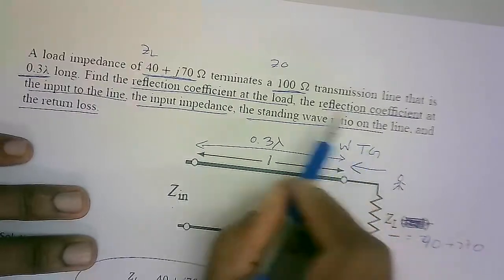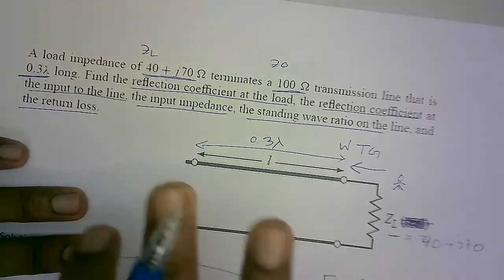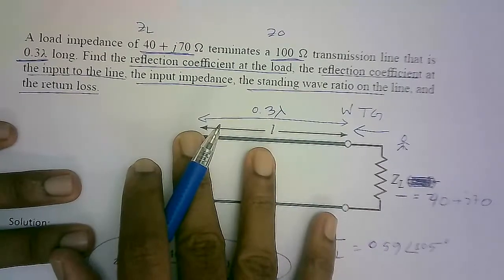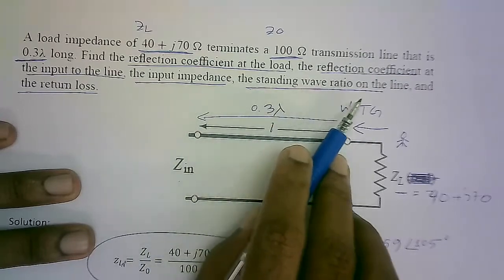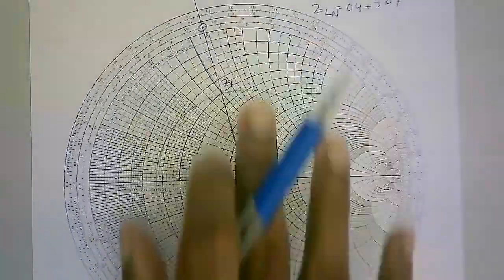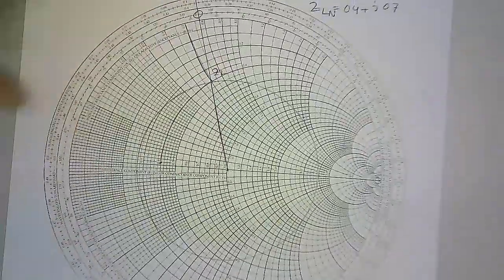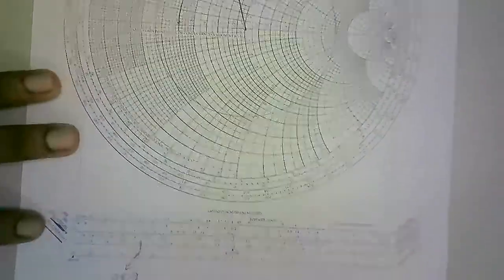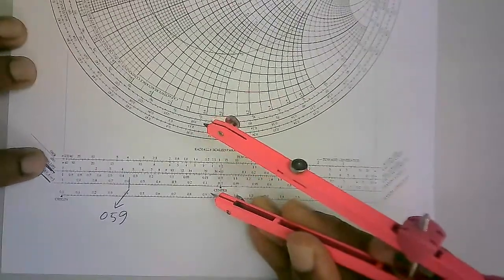Now the reflection coefficient at the input to the line, this is what we find, but we will find that later on. We'll find the standing wave ratio first. So the standing wave ratio here, this is the SWR line.